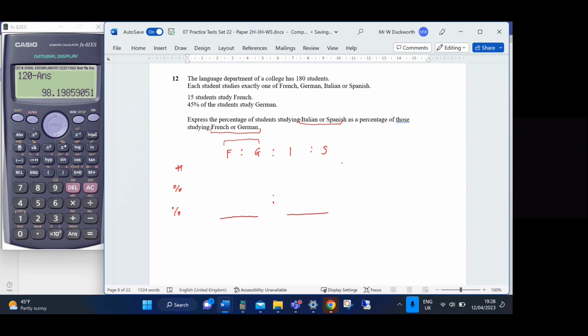In terms of numbers, we've got 180 students in total. So I'll go total. Total percentage would be 100. And we're told 15 students study French, so I can put 15 there. And we're told that 45 percent study German.